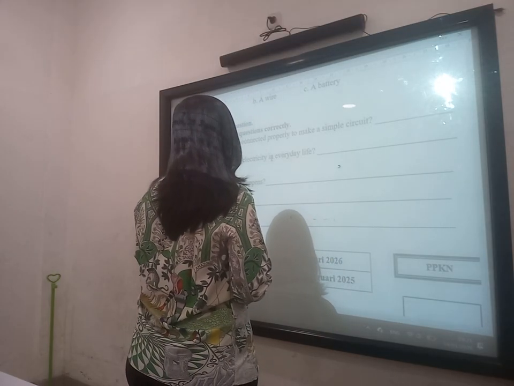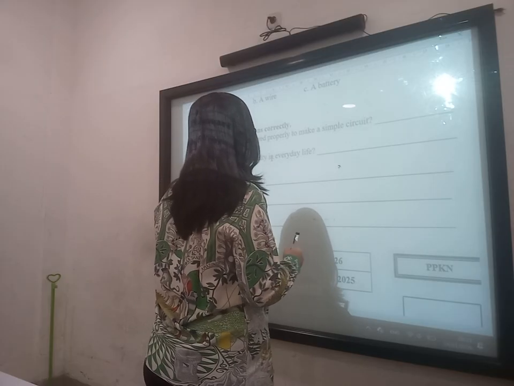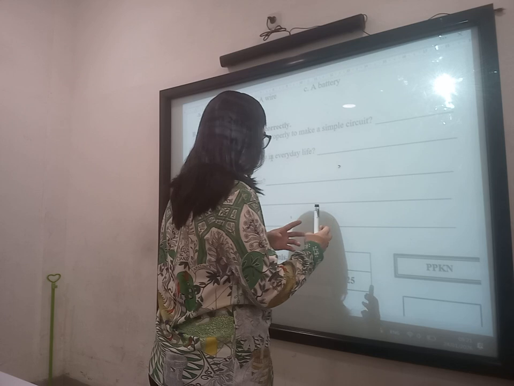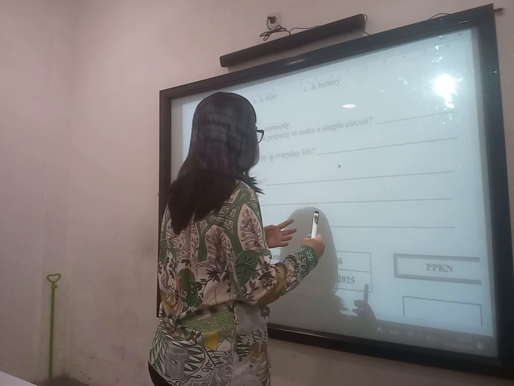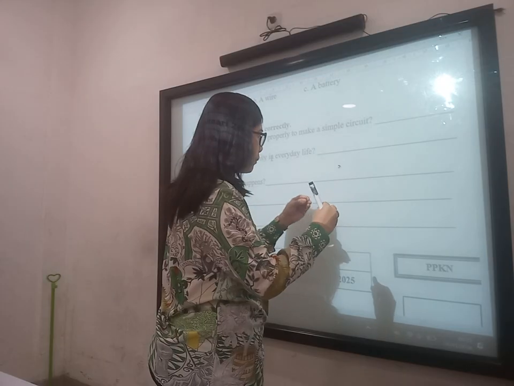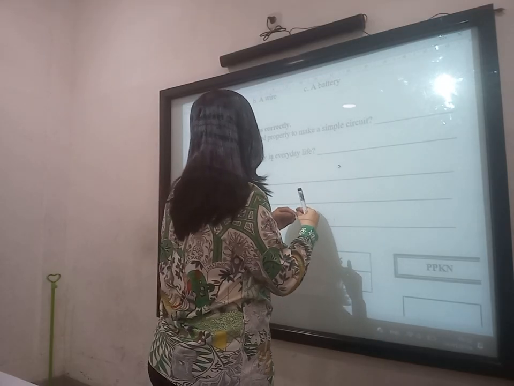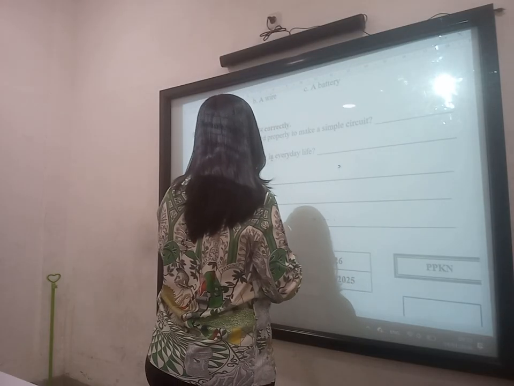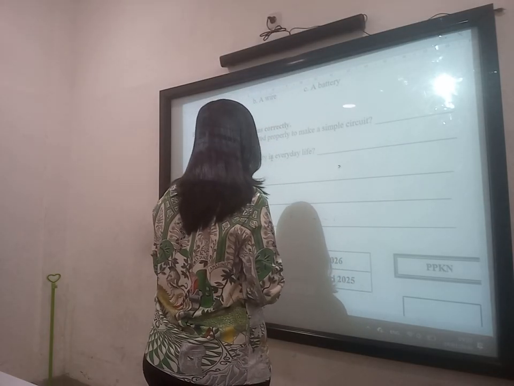Okay, next. What needs to be connected properly in the simple circuit? To make a circuit, the lamp, wire, and battery need to be connected properly so it can work. Next. What are the uses of electricity in everyday life?